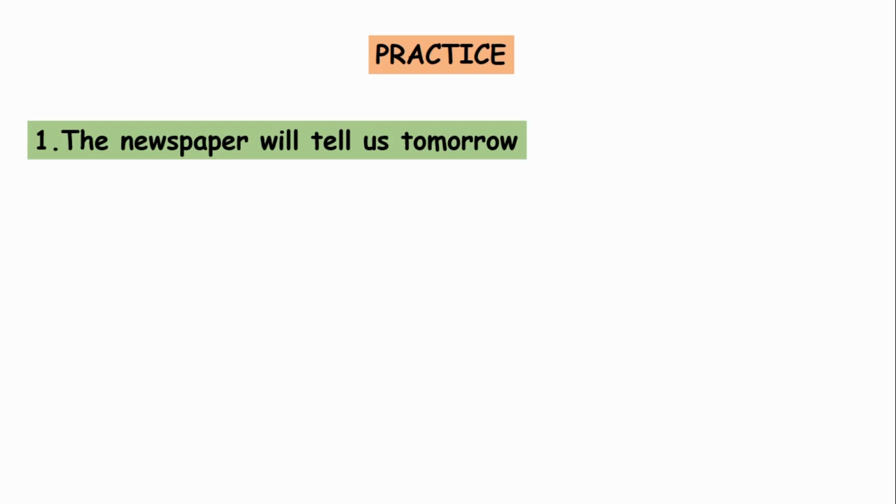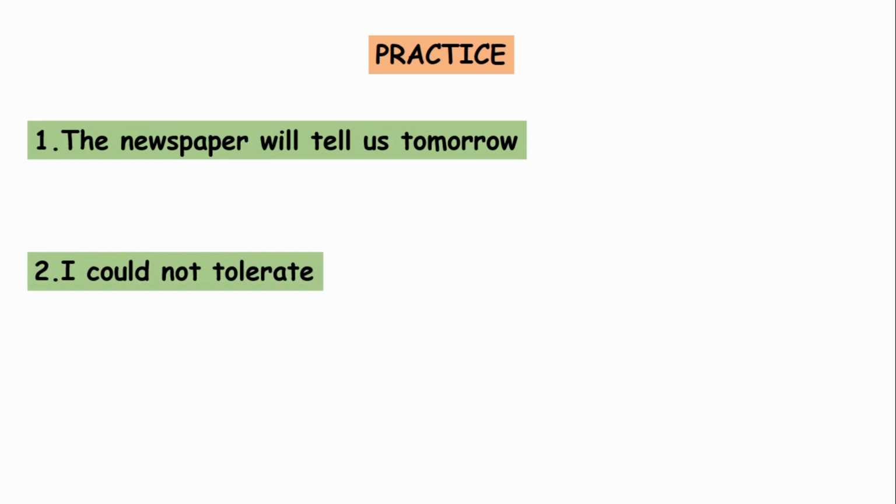The newspaper will tell us tomorrow. What is it going to tell us? I could not tolerate. What? The jury felt. What did it feel? So, grammatically speaking, all these three are independent clauses because they have a subject, they have a verb, and they have a complete thought as well.